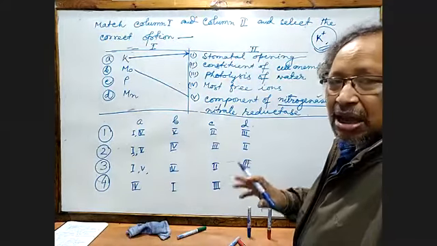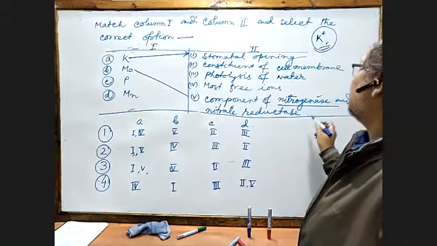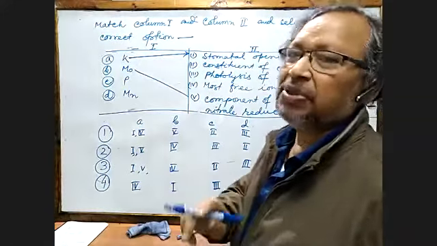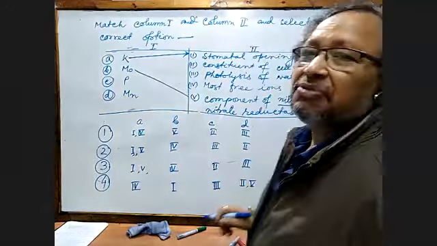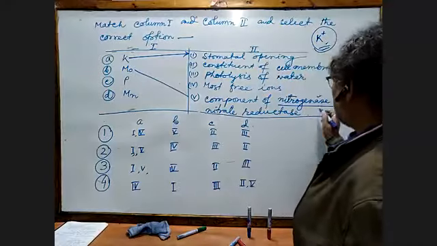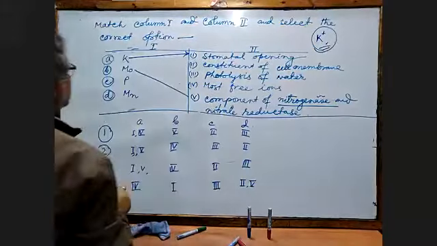There are 2 fractions of nitrogenase, and one contains molybdenum, and that's why if there is molybdenum deficiency, then nitrogen fixation particularly does not take place.